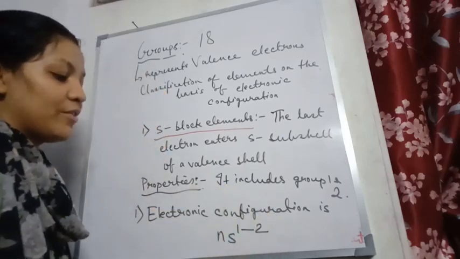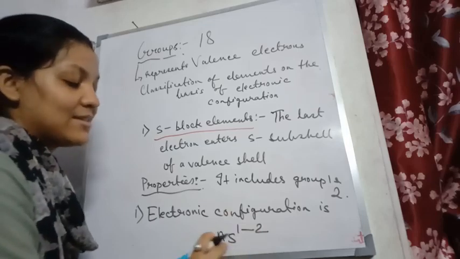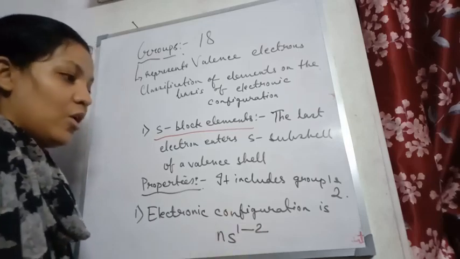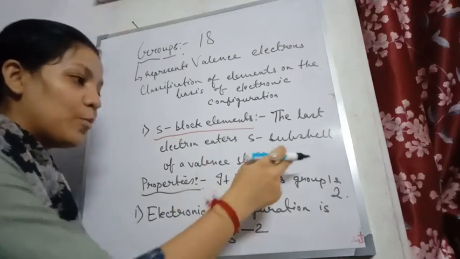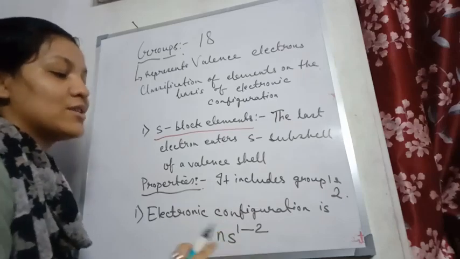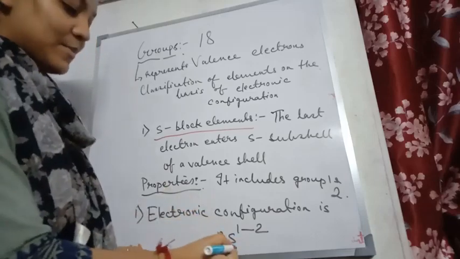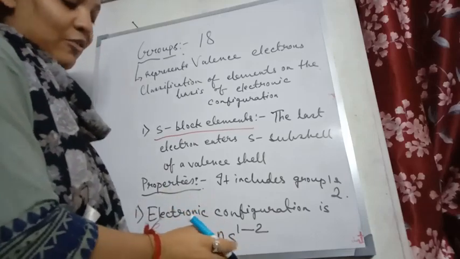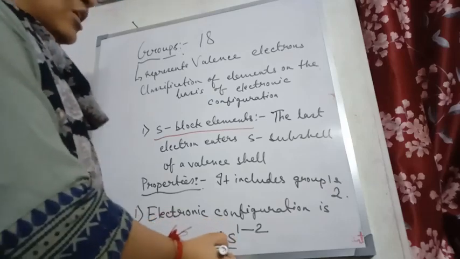This is the valence shell configuration. For group 1 it is ns1, and for group 2 it is ns2. We might have inner shells as well, but this is the valence shell representation.